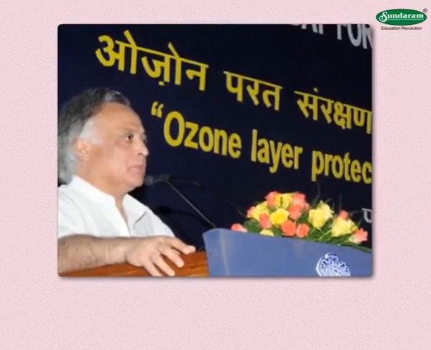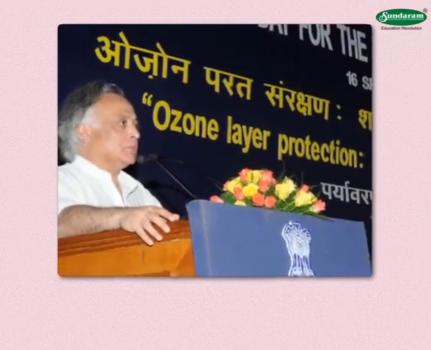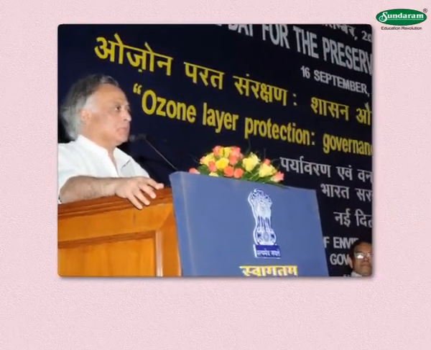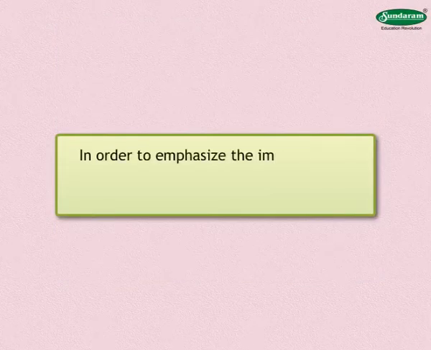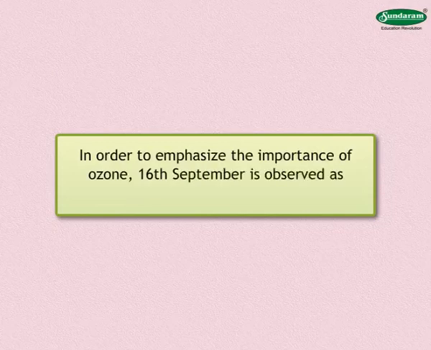Efforts are on all over the world to find out what causes the ozone layer to become thinner and how to stop this from happening. In order to emphasize the importance of ozone, 16th September is observed as Ozone Day every year.